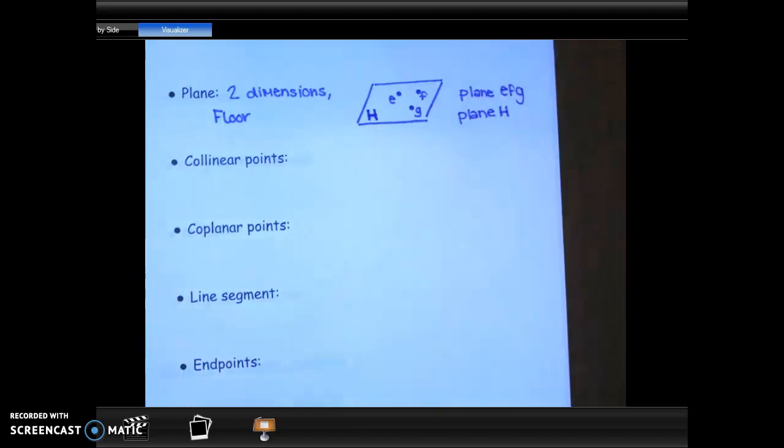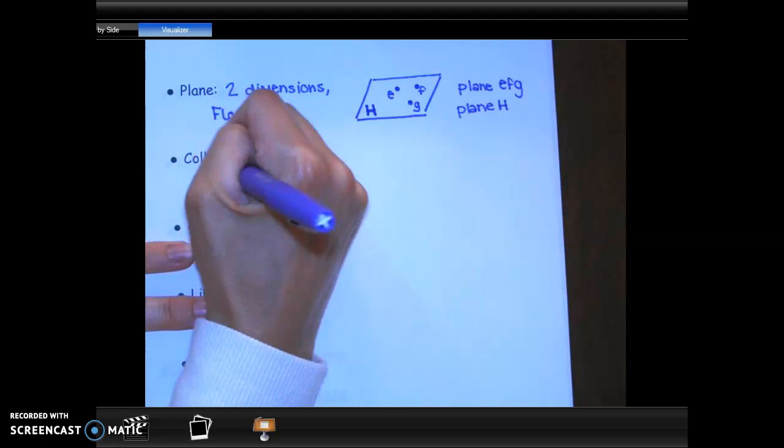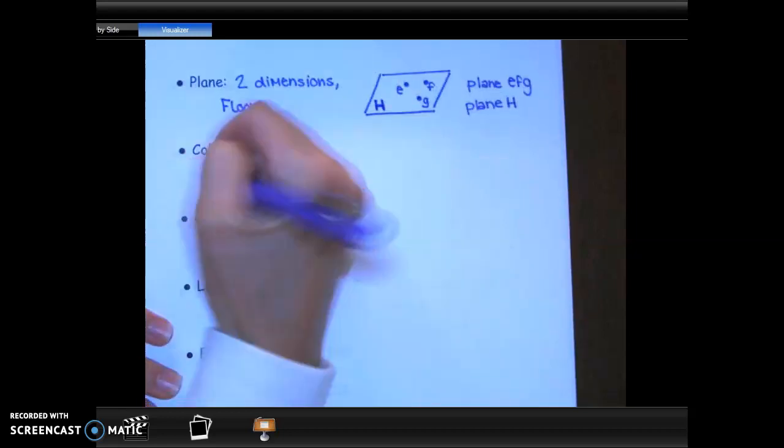All right, so those are what we call geometric figures. We have points, lines, and planes so far. So let's talk about some special stuff about points. So we can have something called collinear points, and the key word here is linear for line. These are going to be points on the same line.